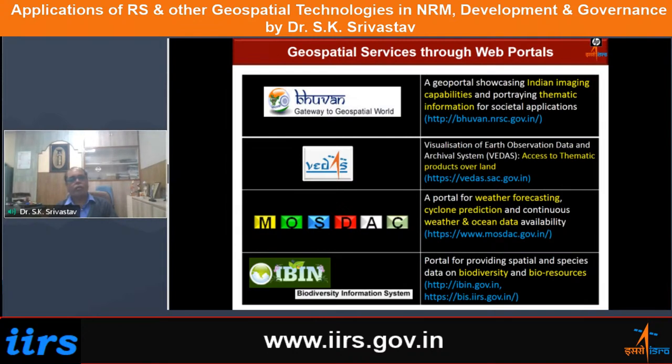Then there is another portal which is hosted by Space Application Center at Ahmedabad. It's known as Vedas. Here you have access to the thematic products generated by ISRO over the land surface. There is another portal called MOSDAC, again hosted by Space Application Center, SAC Ahmedabad.